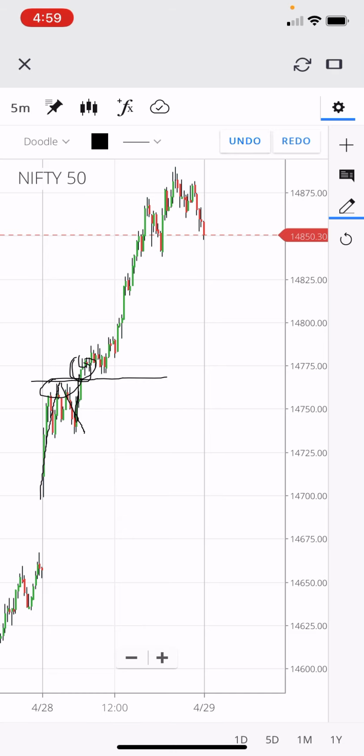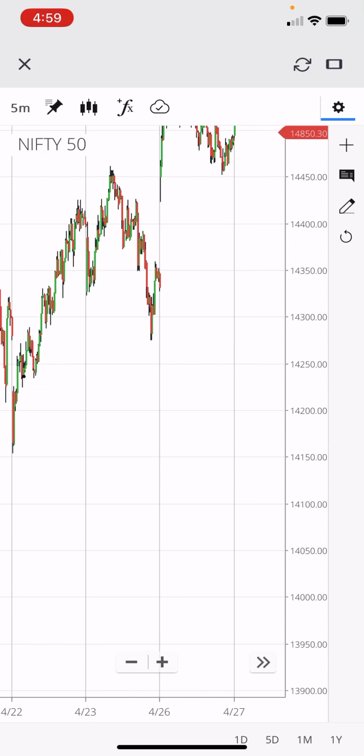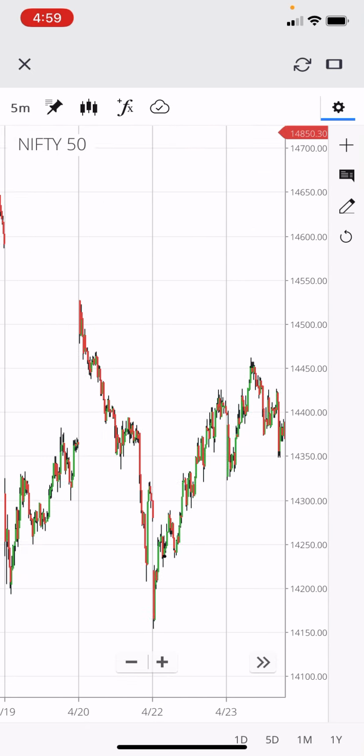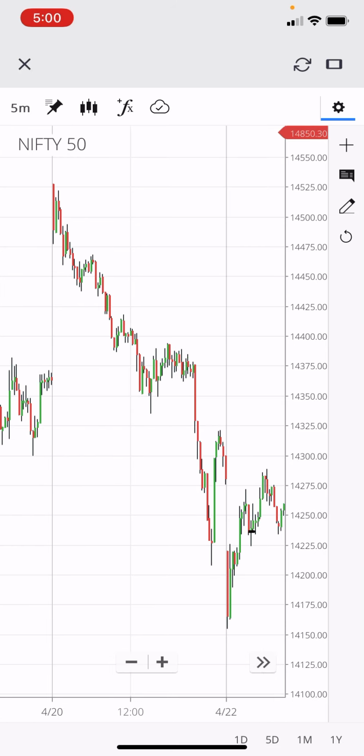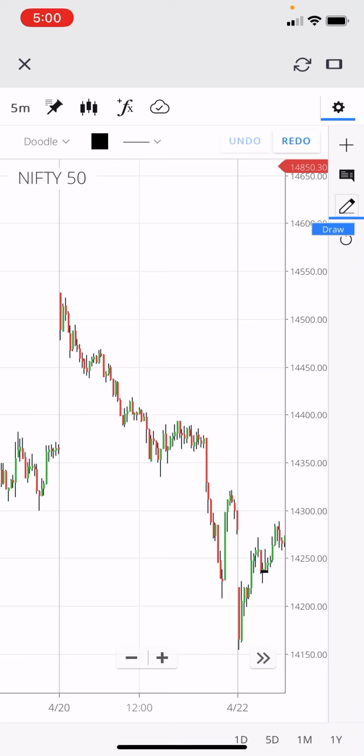Now I'm going to show you the downtrend market, how we should approach the trading, or how we should take a trade on a trending day market. As we can see here also, right from the very beginning, the market started falling down, and it faced some kind of support over here, and then bounced back above.